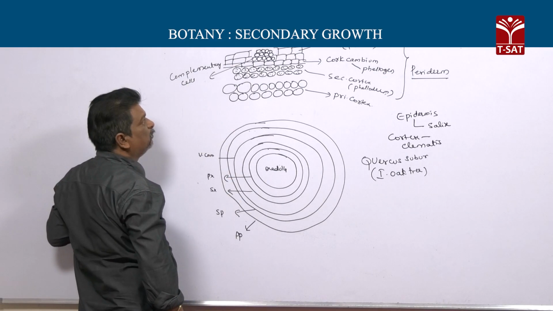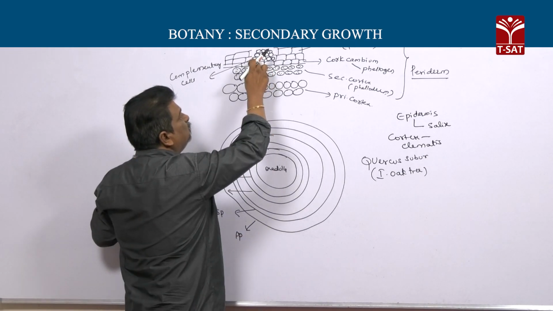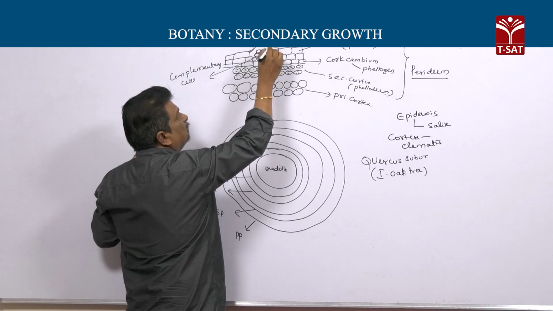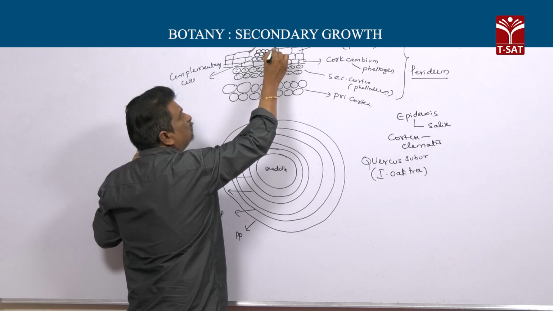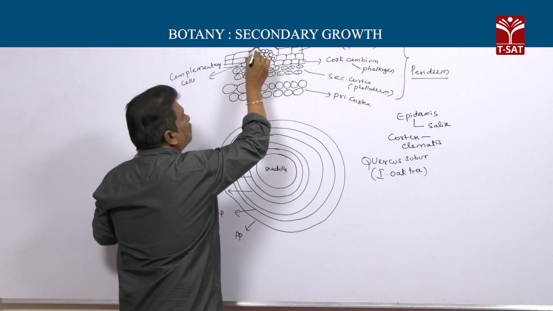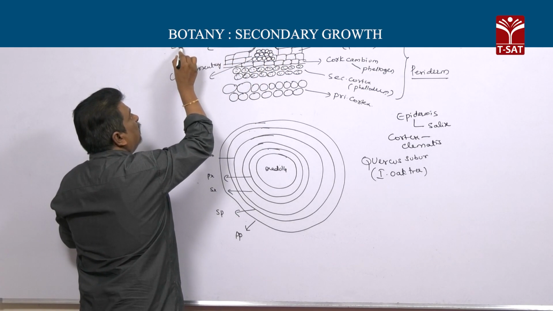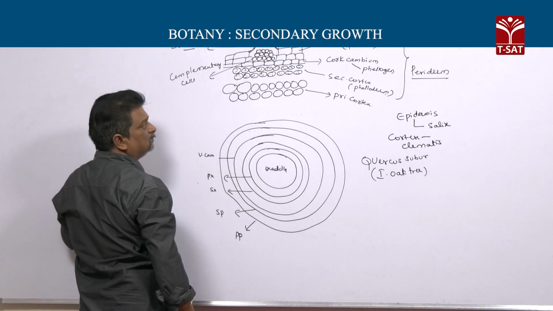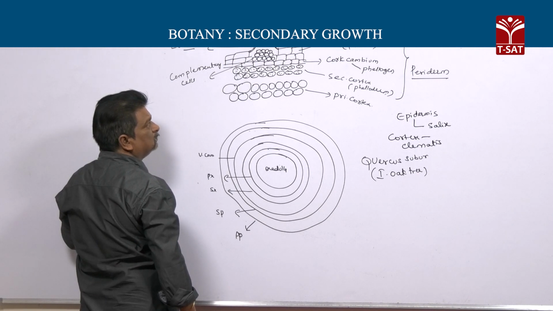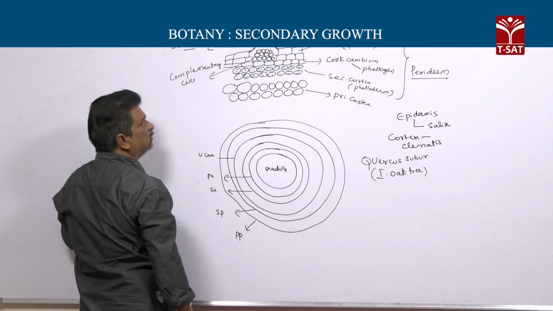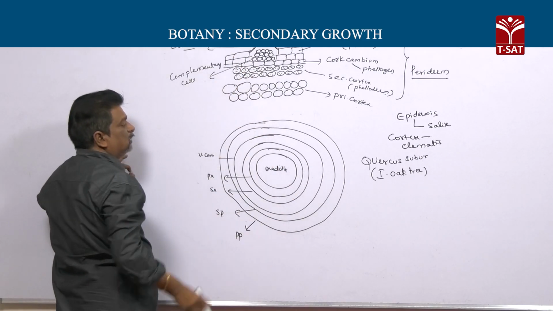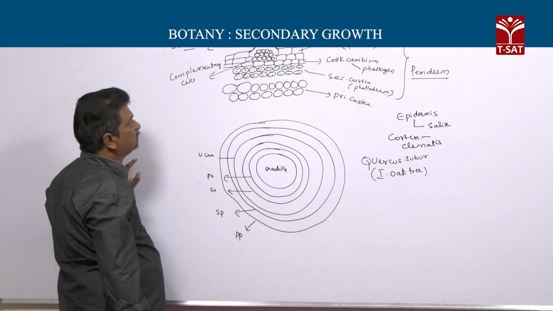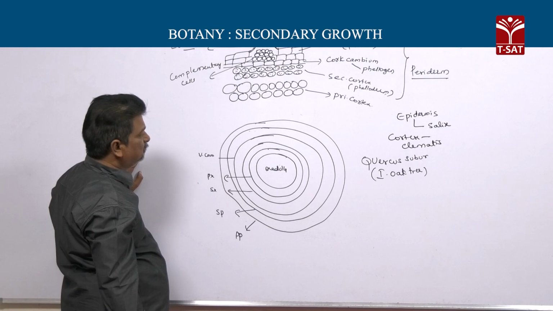Due to the formation of complementary cells, pressure develops on the cork tissue, then this cork tissue splits and opens, called lenticels. So in an old dicot stem, transpiration or respiration takes place through the lenticels. This is extrastellar secondary growth.